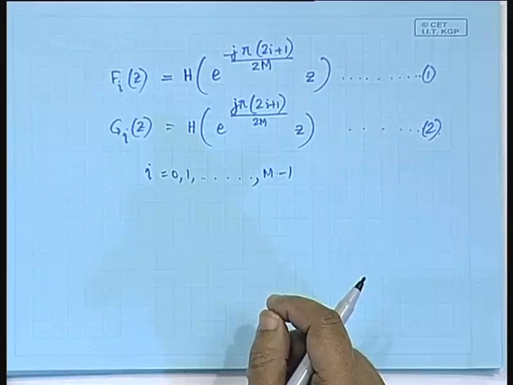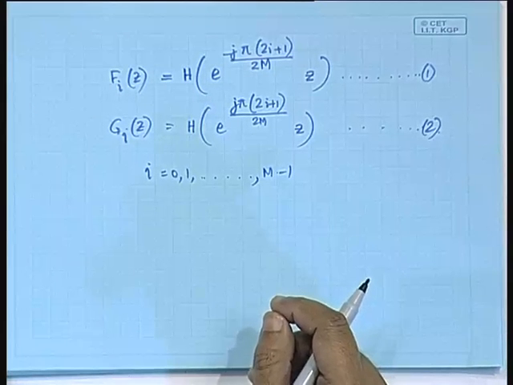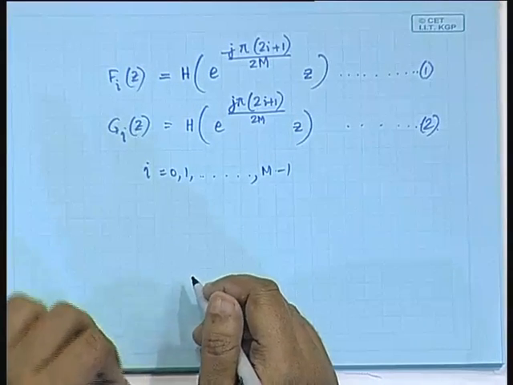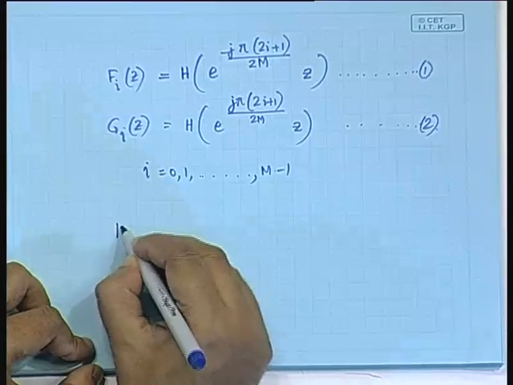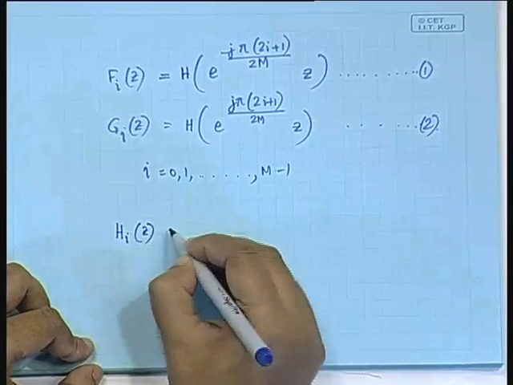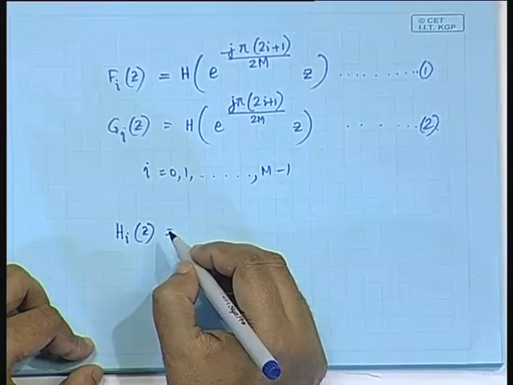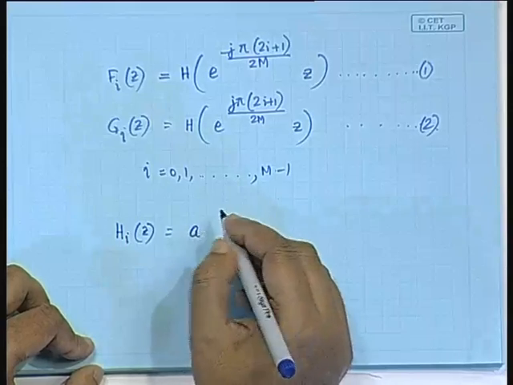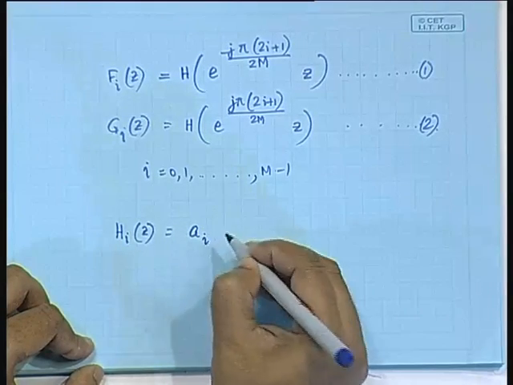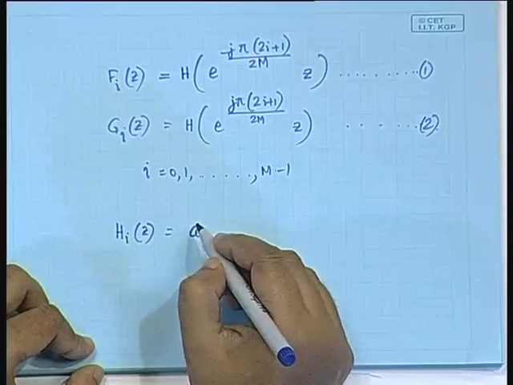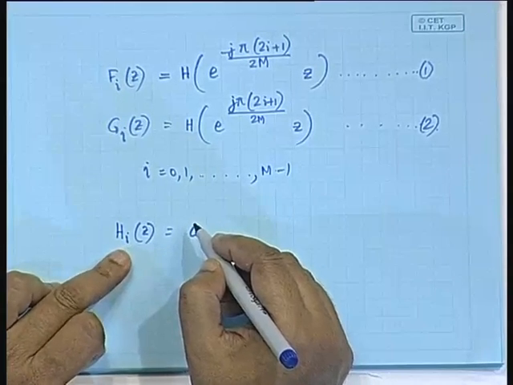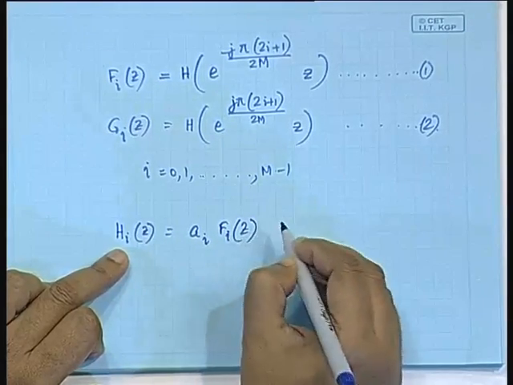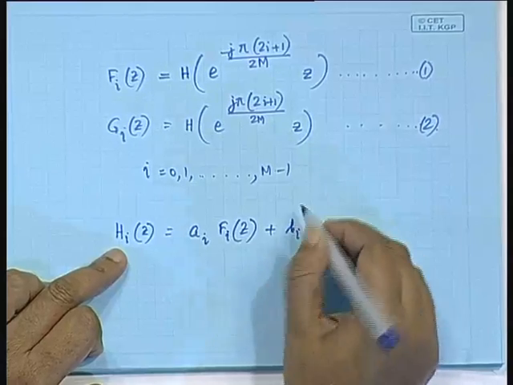So, we get M such different filters, and we can obtain the overall filter response Hi(z) using constants ai, bi, ci and di, as ai Fi(z) plus bi Gi(z).